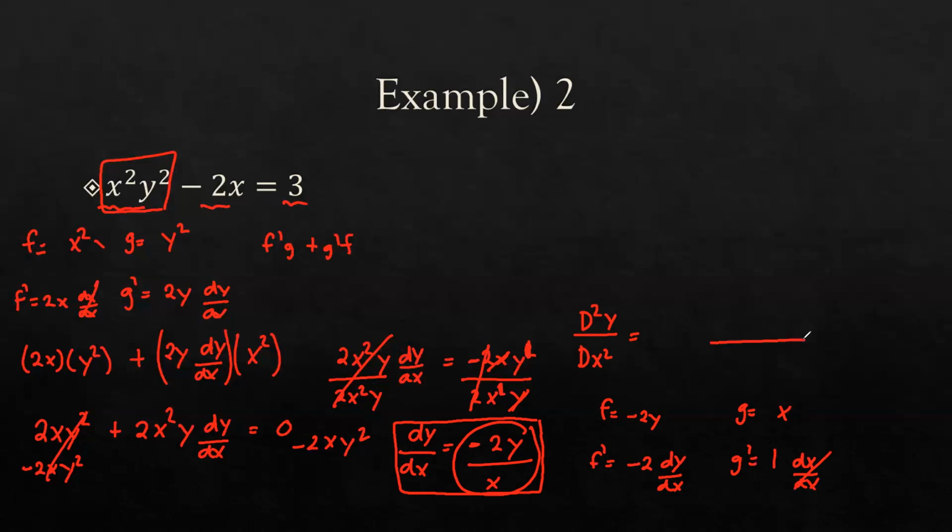So we're going to apply the quotient rule, and if you forget, it's f prime of g minus g prime of f, all over g squared.